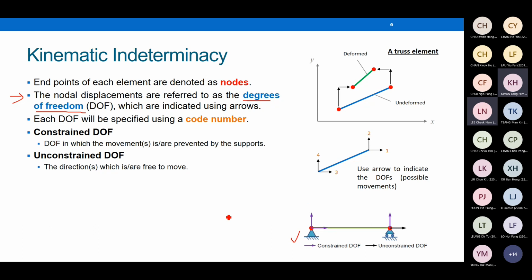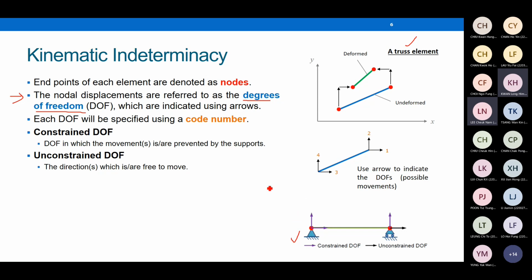Support prevents some movements, right? That's why some movements are equal to 0. Say, for example, for this simply supported truss, we are talking about truss right here, one end is pin, one end is a roller support. From this picture, you need to know how to identify which displacements are 0, which are non-zero.